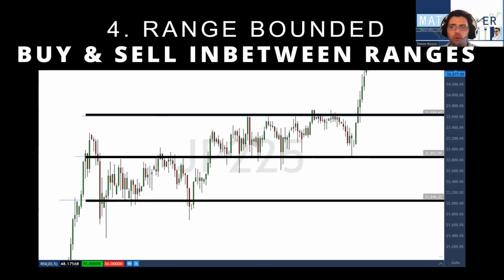For me, it's very boring to wait for sideways motions and then just trade the lows and the highs, because there's only so much that you can go up, compared with trend trading or breakout trading, where you can just follow the trends and carry on letting your gains continue up. Range bounded, unfortunately, has a limit. And there are breakouts from those, and there are many fakeouts. So I don't have a lot of experience with range bounded. I just have an idea of how they go about it.